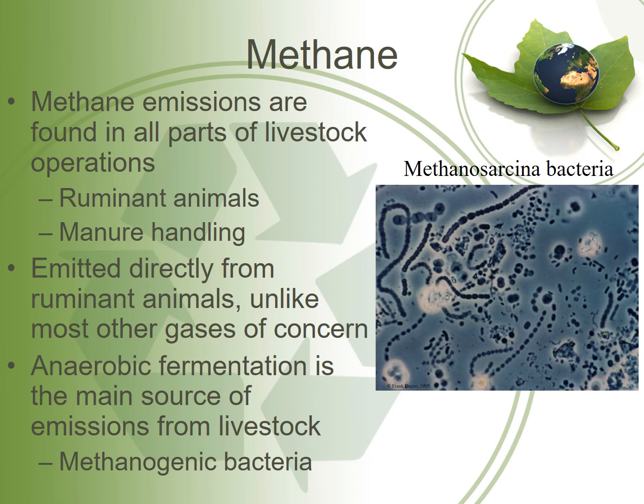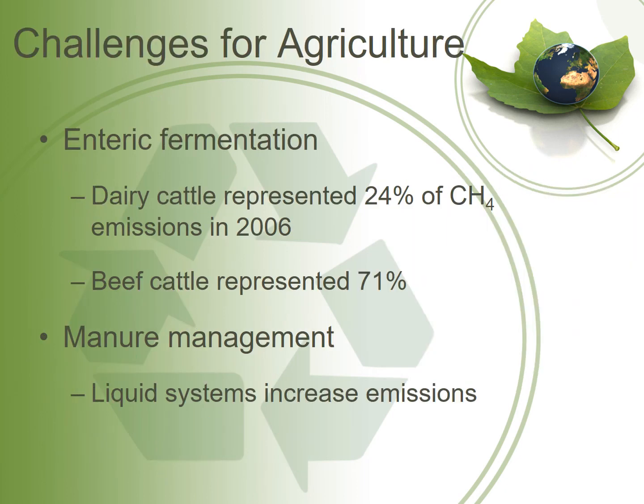That doesn't always happen with the other gases that are of concern. So the anaerobic fermentation is the main source of emissions from livestock, which is the methanogenic bacteria that causes the methane release.